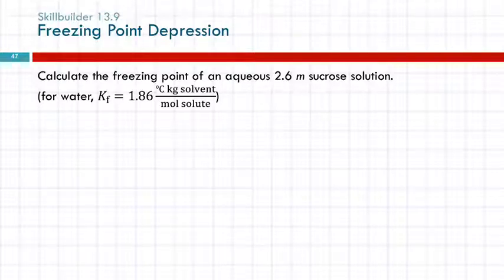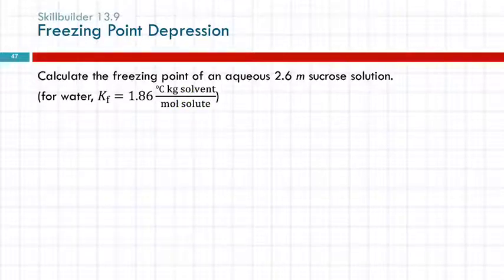So calculate the freezing point of an aqueous 2.6 molal sucrose solution. And here it's giving us the Kf. For water, Kf is 1.86 degrees Celsius times kilograms solvent over moles solute.